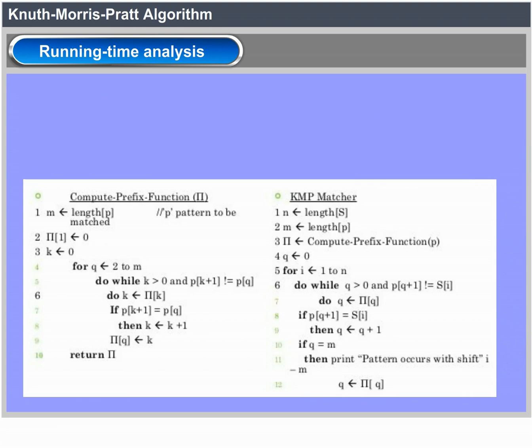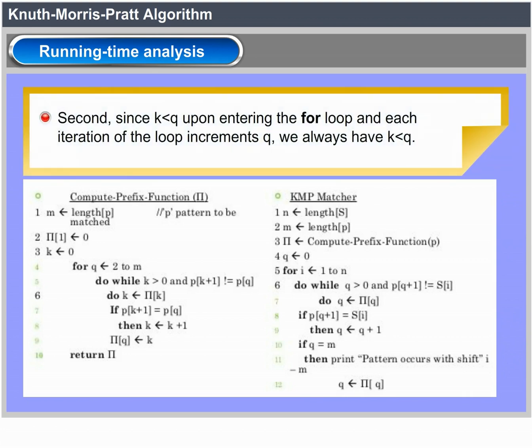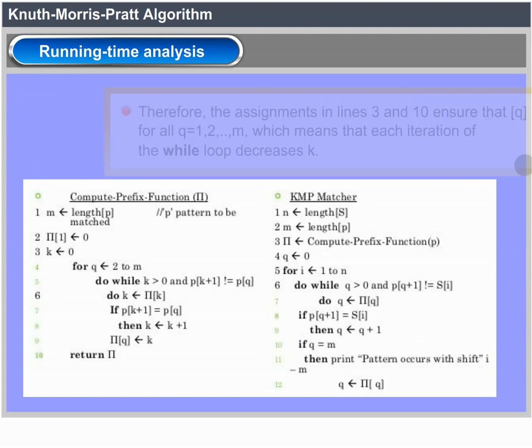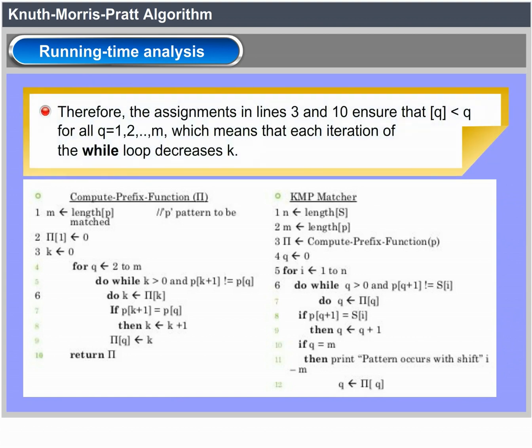Second, since k < q upon entering the for loop and each iteration of the loop increments q, we always have k < q. Therefore, the assignments in lines 3 and 10 ensure that pi[q] < q for all q = 1, 2, ..., m, which means that each iteration of the while loop decreases k.